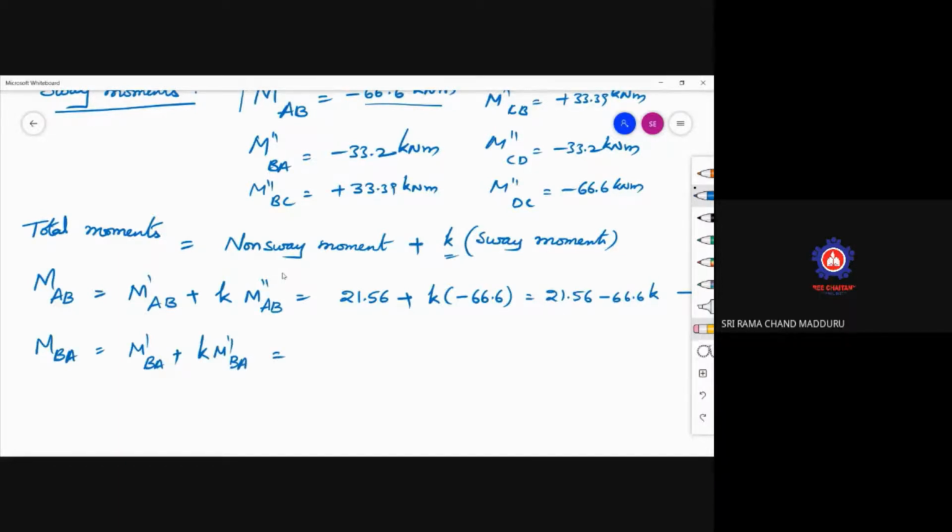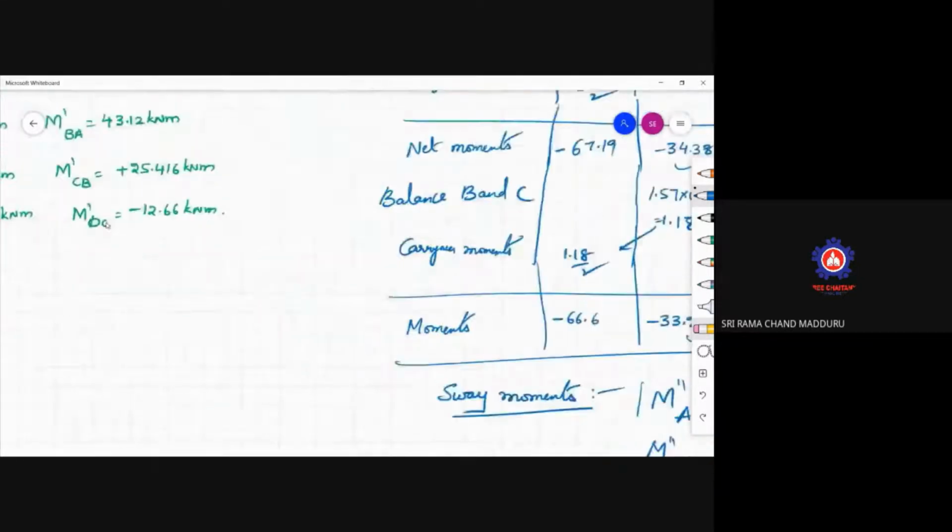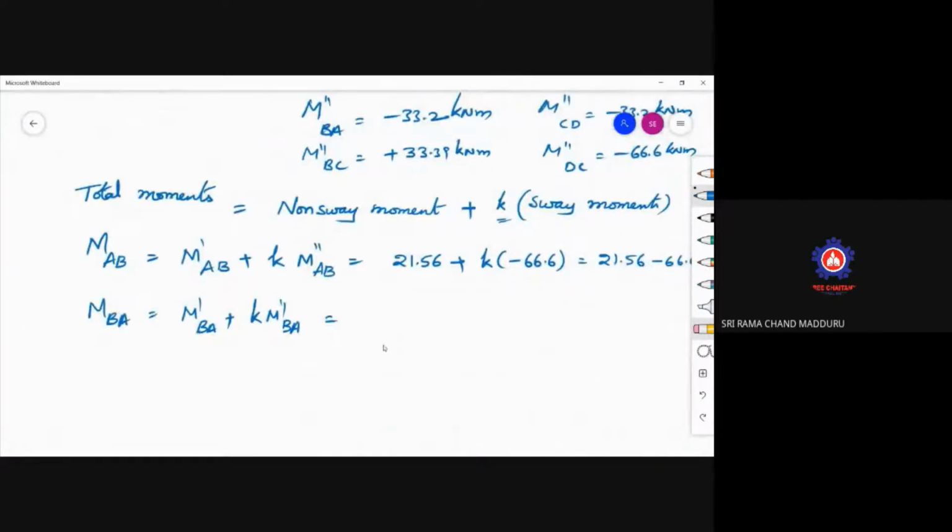Can anyone of you tell me the values for this? 43.12 plus K into, what is the value here?